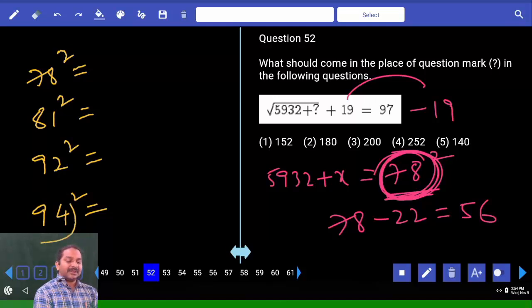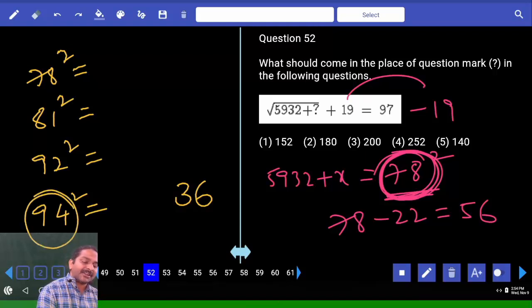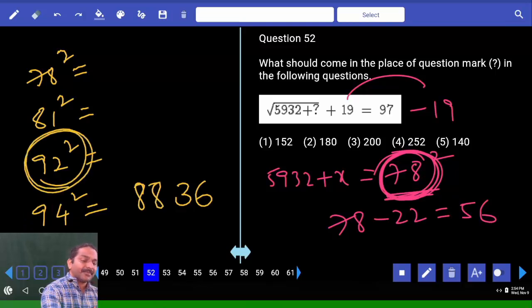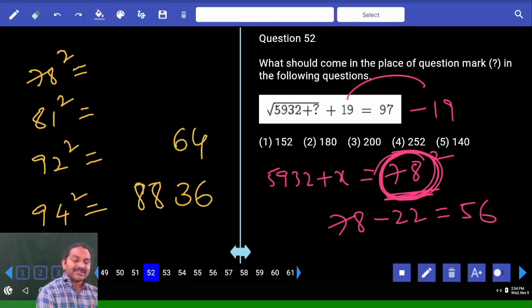First, this one, 94 is how much less than 100? Square it. Write 2 digits, last 2 digits, right? How much is the difference we have? That must be subtracted from this number. 80, that's the square. This is how much less than 100? 8 square. Subtract 8 from 92. How much is that? 84.